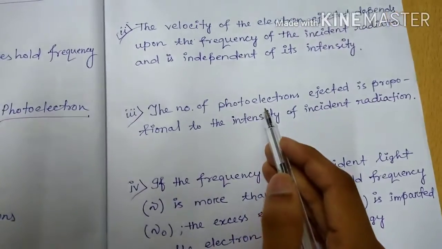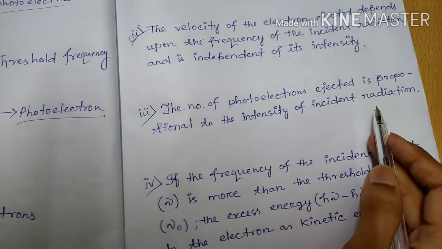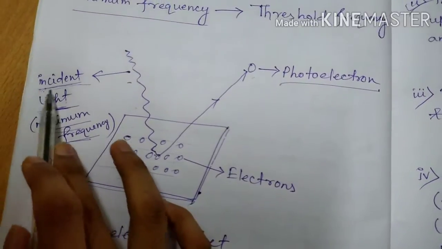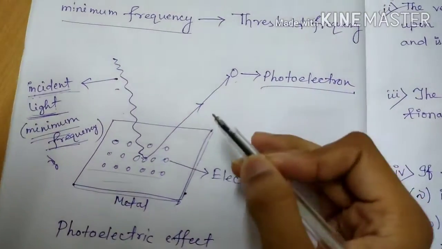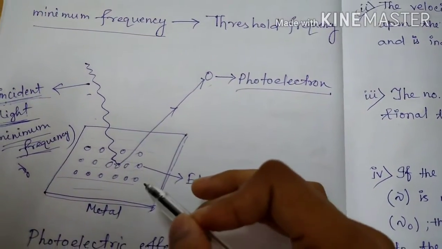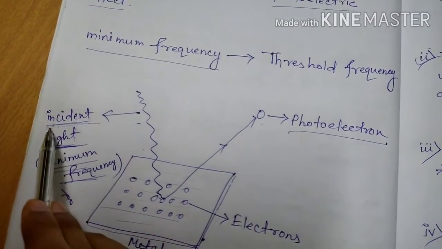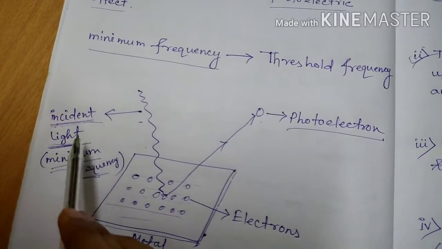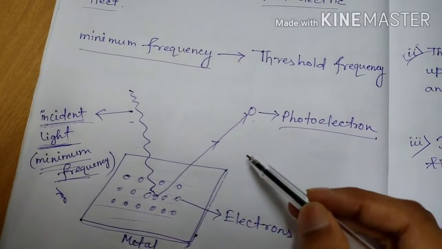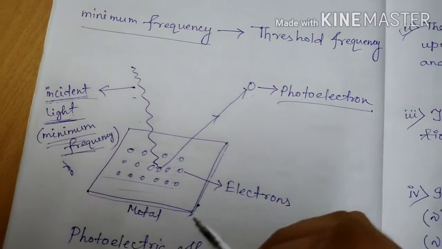The number of photoelectrons ejected is proportional to the intensity of the incident light. Now the intensity of incident light depends upon the number of photoelectrons ejected. Means when the intensity of this incident light is greater, then the number of photoelectrons emitting will be greater.